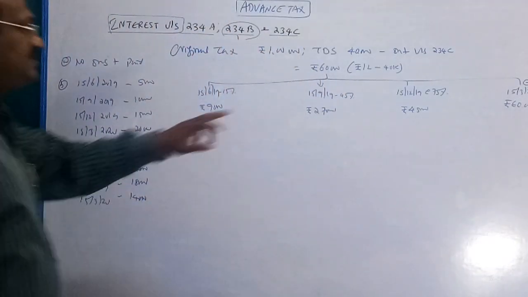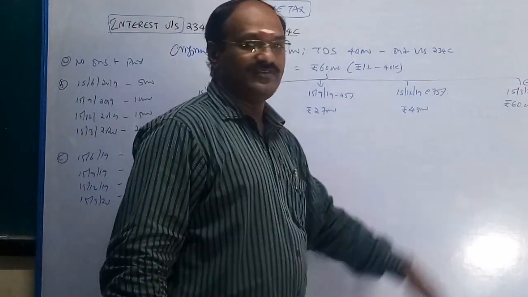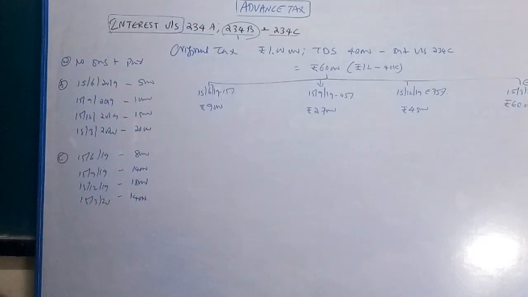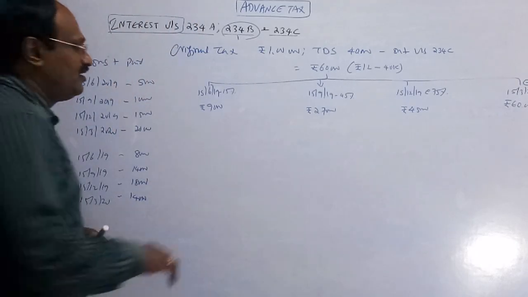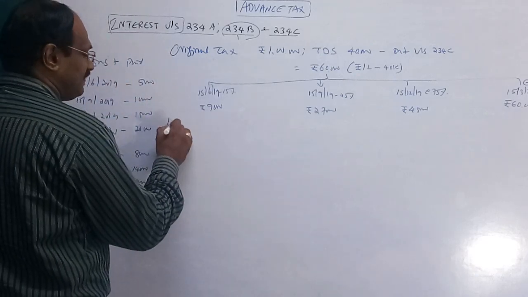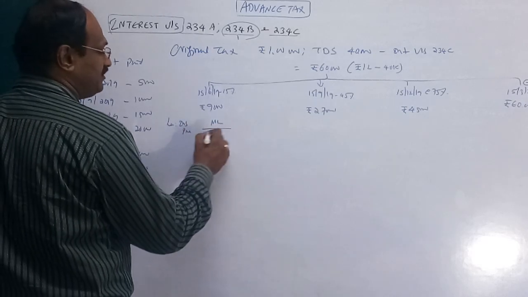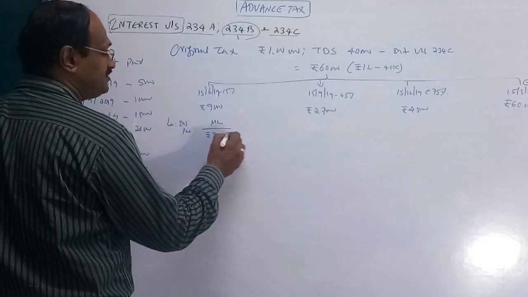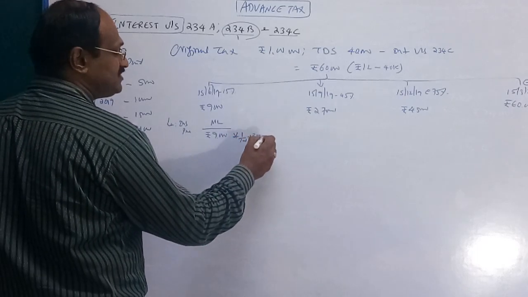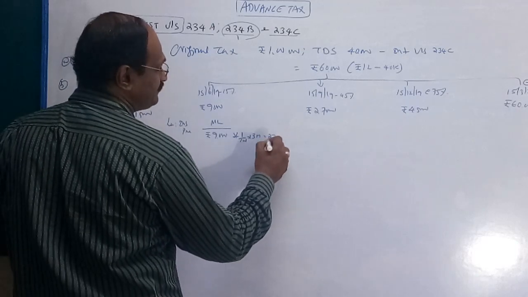This 45% is an increase of 15%, 75% an increase of 45%, 100% an increase of 75%. Listen carefully. First case, no installment paid. So the 9,000 has to be paid. Installment paid nil. Thereby 9,000 into 1% into 3 months. So 90 into 3, 270.